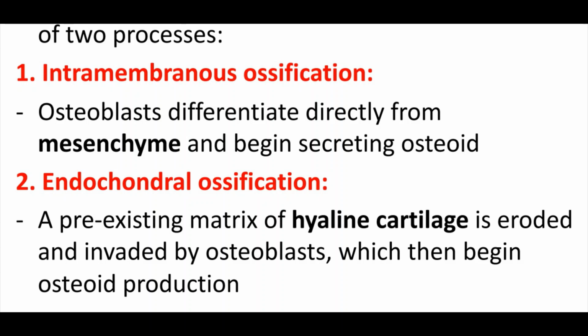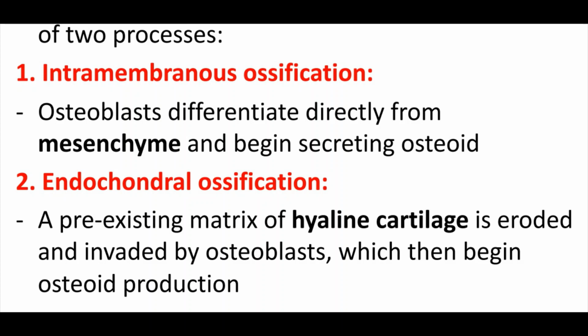This osteoid will now be calcified and it will become bone matrix. The primary center where this starts happening is what we call the primary ossification center. That is the first site where bone formation in the membranes is started.